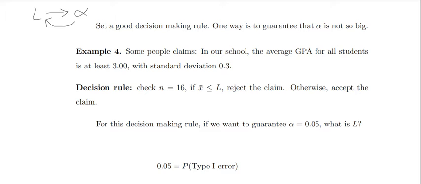Let's check this problem. Some people claim the GPA for all students is at least 3.00 with standard deviation 0.3. So this claims mu equals 3.00 with sigma 0.3.